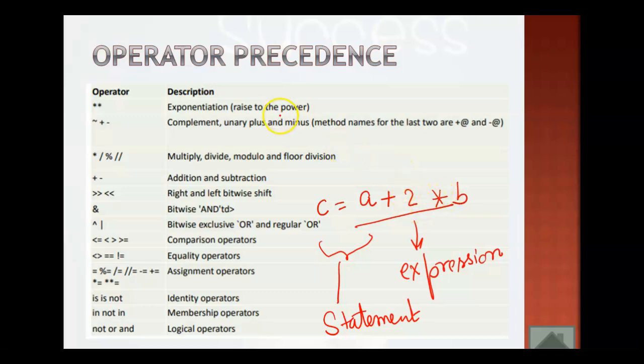So that we can define with the help of precedence. The operator which has the highest precedence will be executed first. Multiply has higher precedence as compared to plus. So this portion will execute first and then it will be added with the value of variable A, and the complete result will be stored into this variable C.